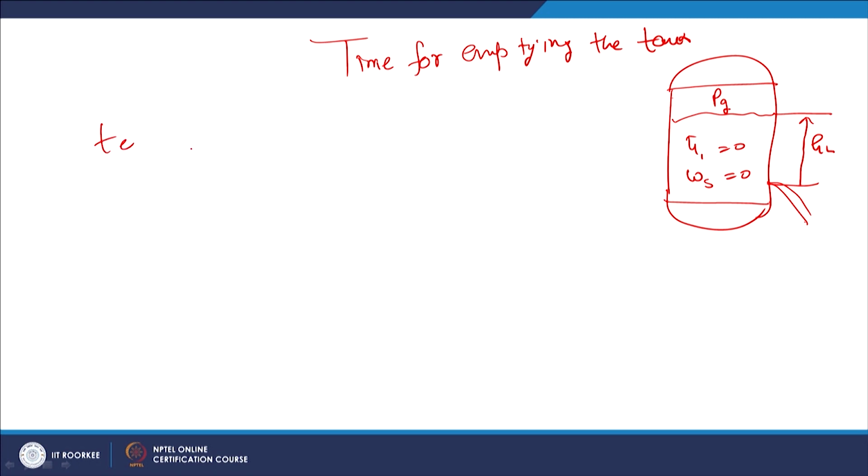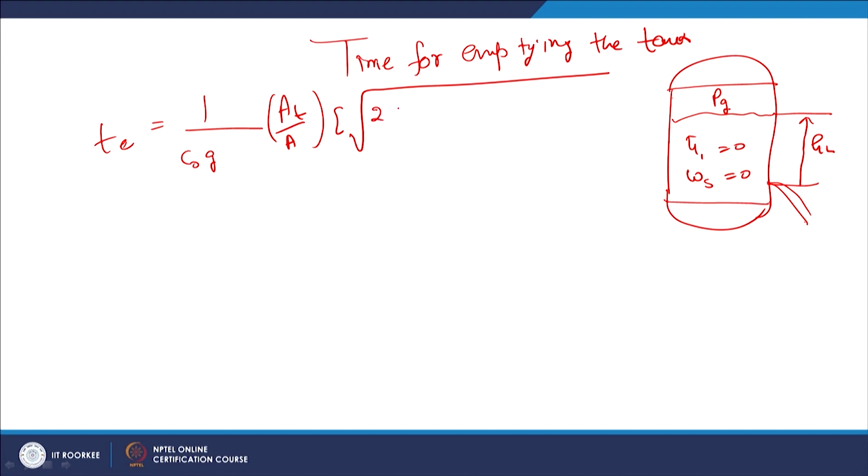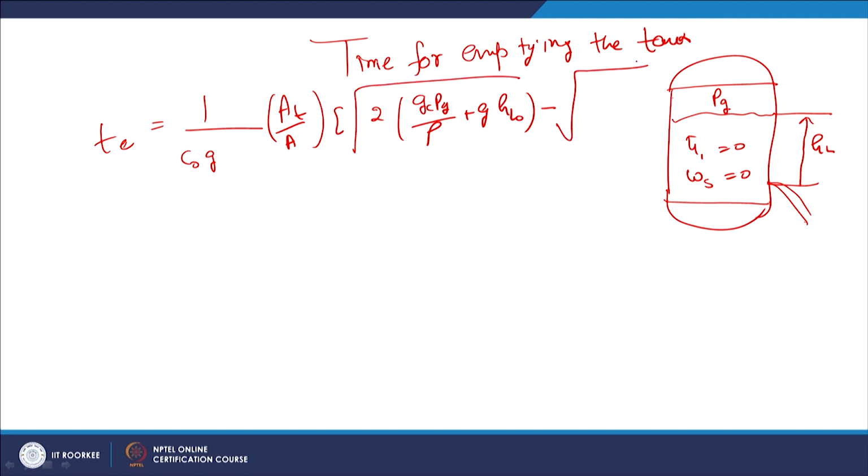This TE is the time to empty the tank, is equal to 1 upon C naught times the square root of G, AT upon A, times the square root of twice Gc Pg upon rho plus G HL naught, minus the square root of twice Gc Pg upon rho.